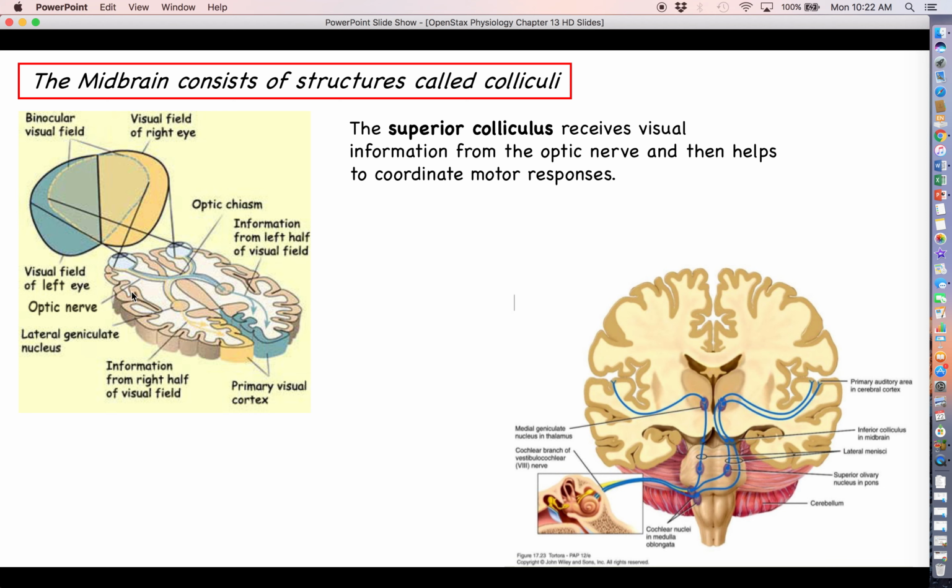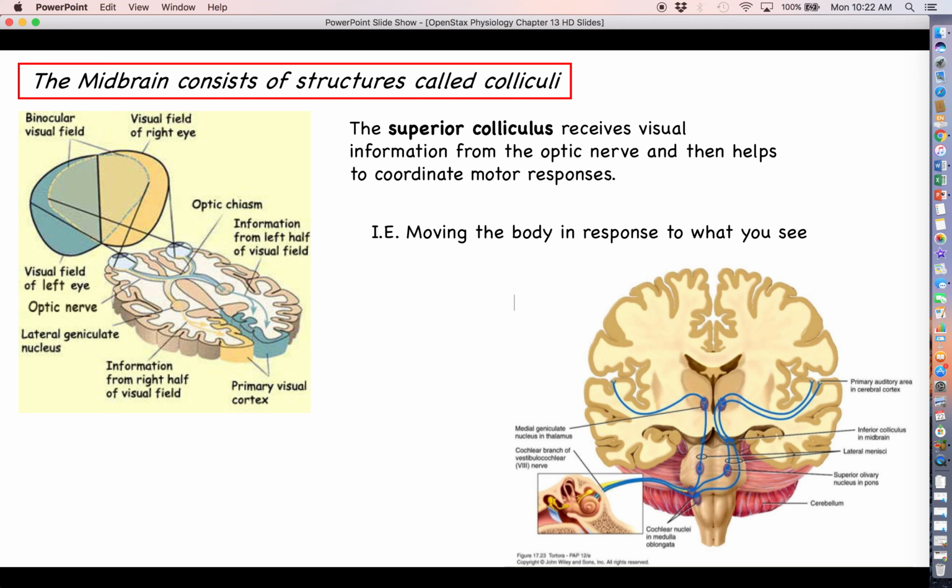Unfortunately, in this diagram, you don't exactly see it labeled, but what the superior colliculus is going to do is receive that visual information, and then based on what kind of visual information is there, it will direct that information to the motor cortex that we talked about before in the frontal lobe. Basically, the idea here is that this allows us to fine-tune our body movements in response to what we see.